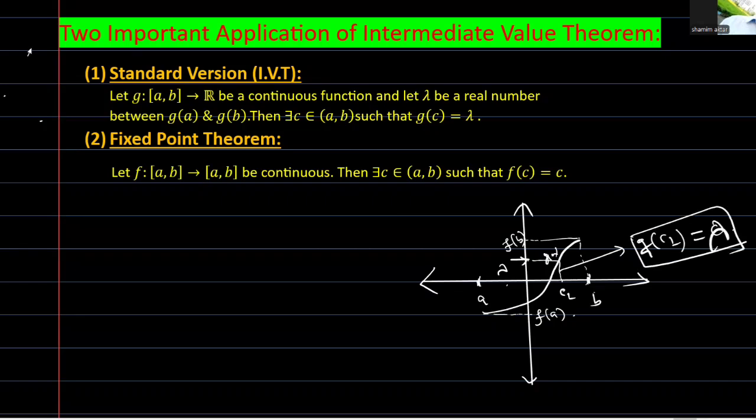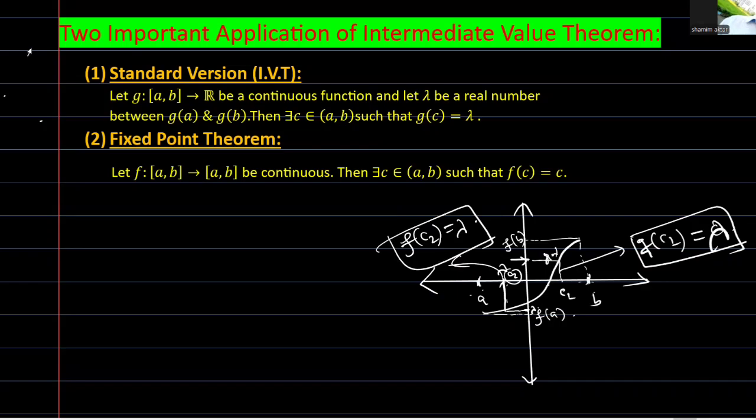And we can choose any other lambda, suppose there is my lambda here. Then we can find a corresponding c here, suppose c2, which is also between a and b. Now the value of g of c2 is equal to lambda.